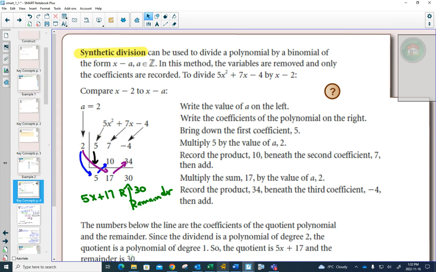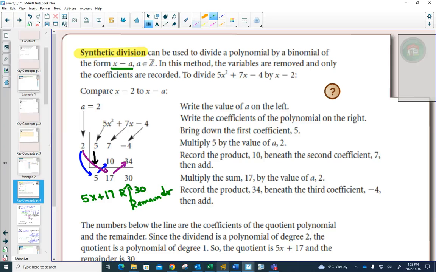So synthetic division is a nice shortcut, but it only works when you're dividing by x plus something or x minus something. If I asked you to divide 5x squared plus 7x minus 4 by 2x plus 3, then you would have to use long division.